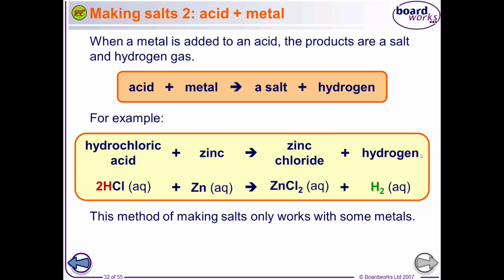And the gas given off is hydrogen, and you'll probably know from lower down school that to test for hydrogen gas, we take a lighted splint and place it in the test tube containing the hydrogen gas, and we should hear a squeaky pop, something along those lines.